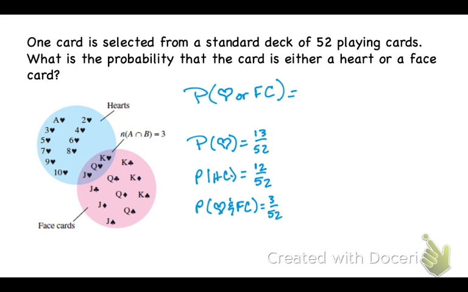So we have 13 over 52 plus 12 over 52 minus 3 over 52. So 22 over 52. Did I add right? So 11/26.